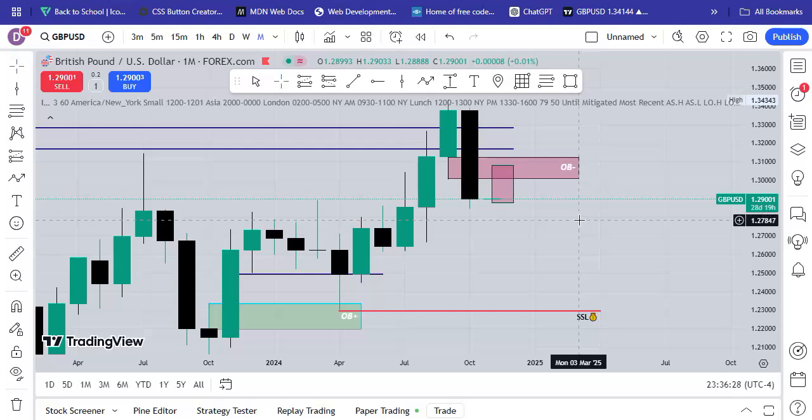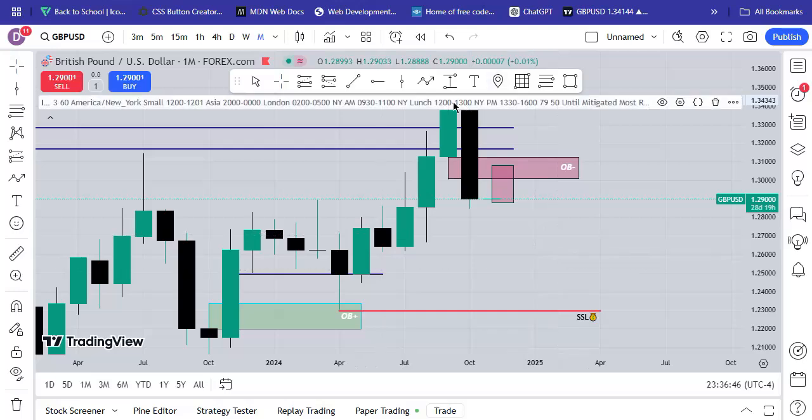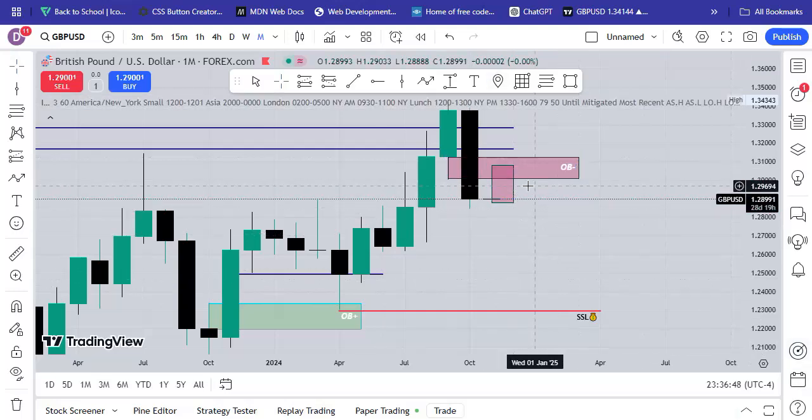Not exactly in hindsight, but it tells you that once price rallies, I want to be selling, because I know that for the month of November, I'm expecting price to drop really hard. So having seen this, you have this conviction.